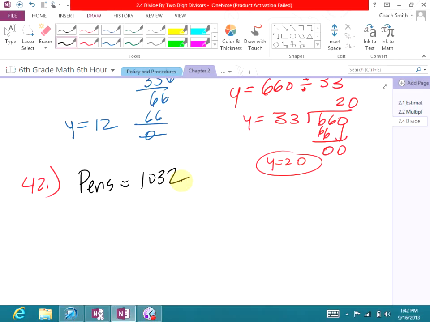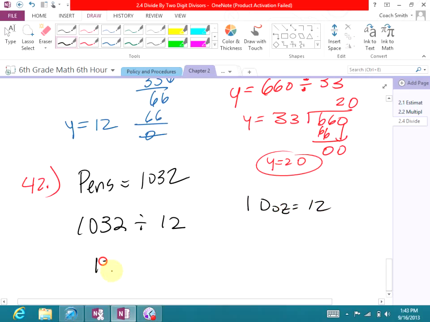We're going to take 1,032 and divide it by 12 because 1 dozen equals 12. Okay? So that's 12 into 1,032.